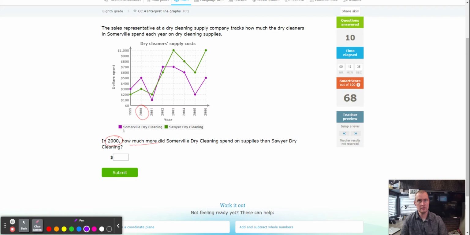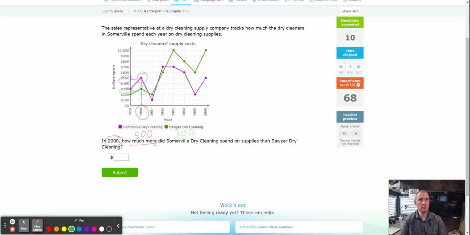So if we take Somerville from 2000 up, it hits 500. And Sawyer also is looking at 2000 as well, hits right here at 300.